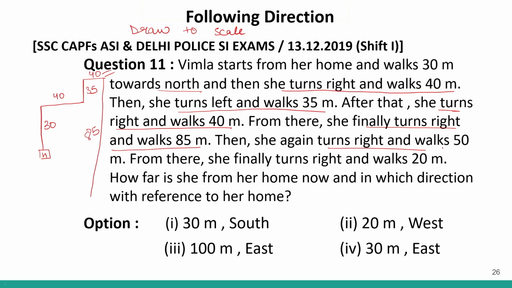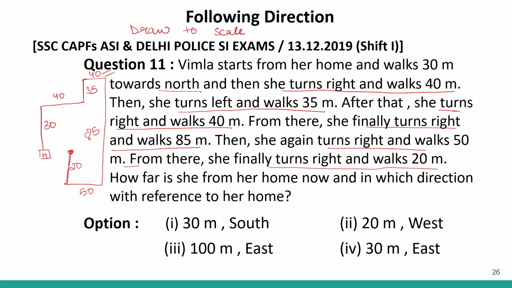Then she turns right again and walks 50 meter from there. So this is 85 and right again walks 50 meter. Then she finally turns right and walks 20 meters. So finally right and walks how much? 20 meter. So this will be the ending position.